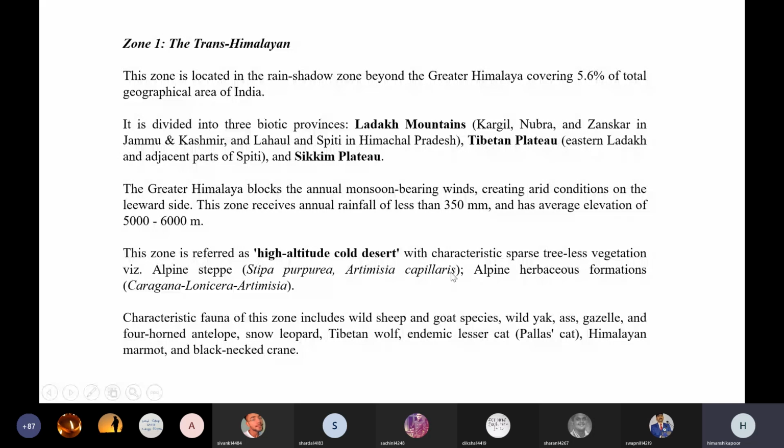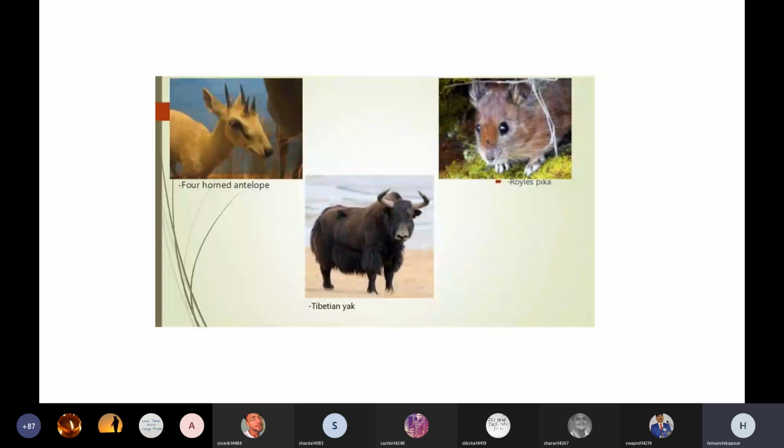Now coming to the fauna of this zone. Animal species majorly include sheep and goat species. You have wild yak, four-horned antelope, snow leopard, and Tibetan wolf. All these animal species are sustaining in this area, the Trans-Himalayan zone. So you can see here the fauna.